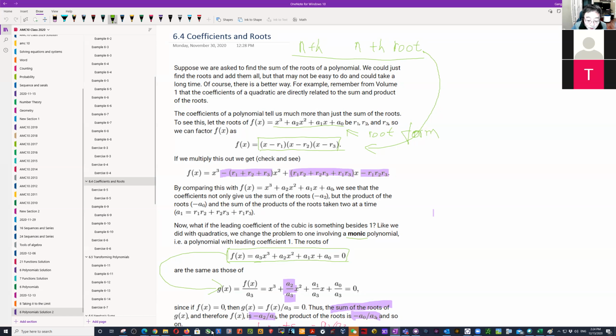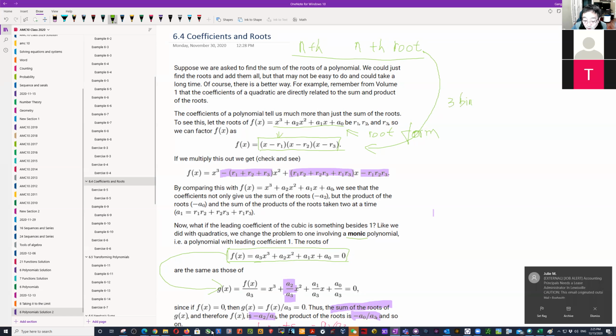Every factor here is a binomial, and you have to pick a term from each. For example, I pick root 1 as a factor, then for the next two I pick both x and x, so I will get a negative r1 x squared. This is a three-factor product of binomials.